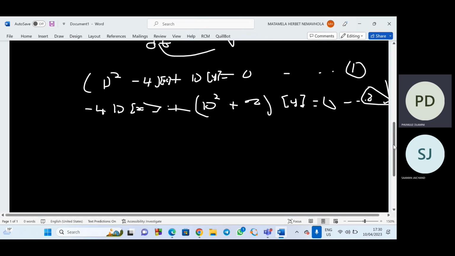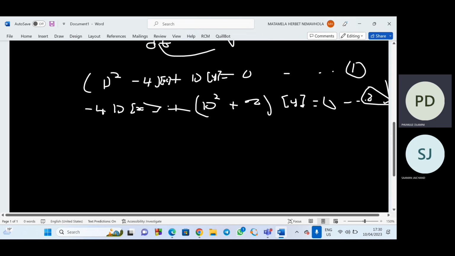When we solve for y, in second year differential equations, you did explicit differentiation and implicit differentiation. So we're going to mix that also with the first year method that we used.